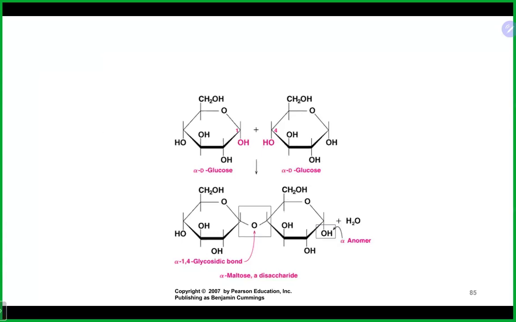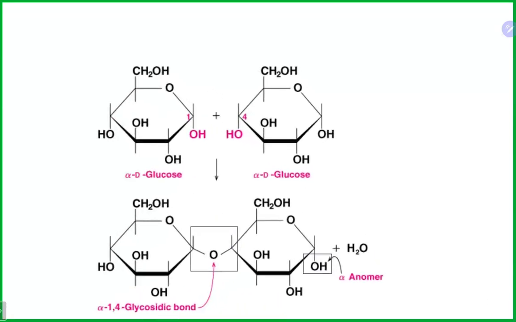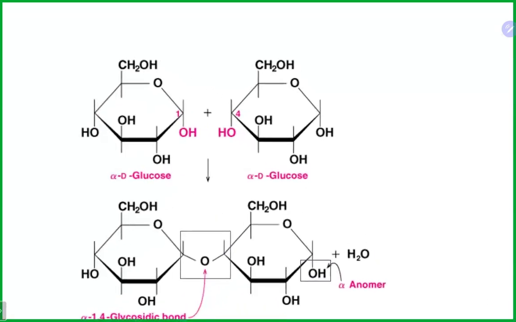So if we take a look here, these are our two glucose molecules. The connection is going to happen at carbon number 1 on this glucose and carbon number 4 on that glucose, and that is the origin of the 1,4 part of the bond.